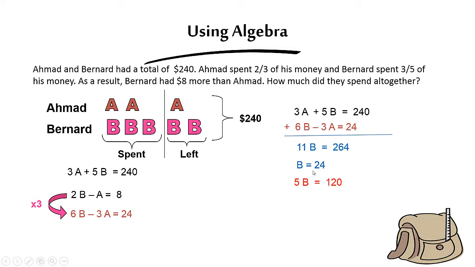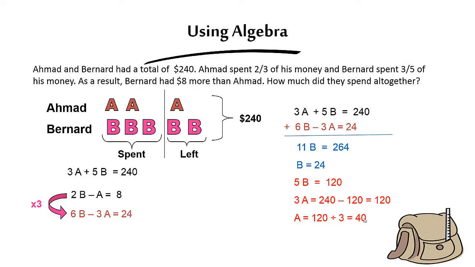So 5B will be 24 times 5, 120. And since the total is 240, to find Ahmad, you take 240 minus 120, which is 120. And this represents 3 A's, because Ahmad is 3 A's. Therefore 1A will be 120 divided by 3, which is 40.